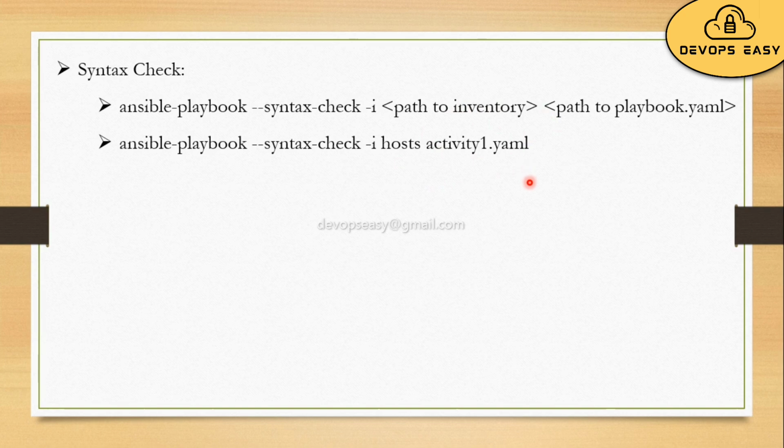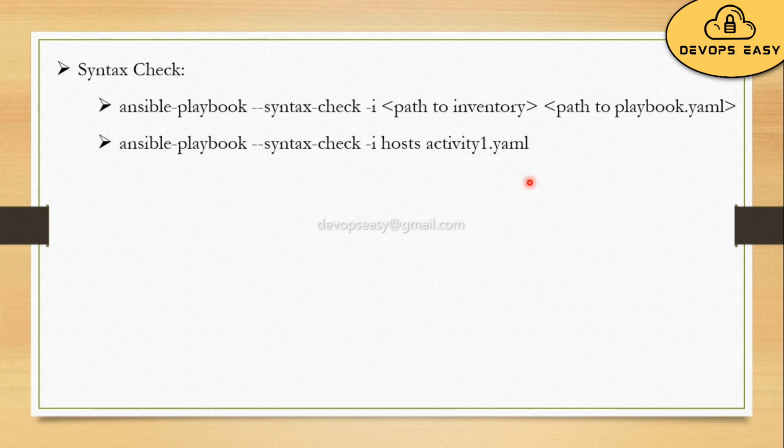In Terraform, if I want to check whether my Terraform file is correct or not, what do I use? Anyone, to check the syntax? Terraform validate, yes or no? We are using terraform validate to check the syntax of Terraform, yes or no?